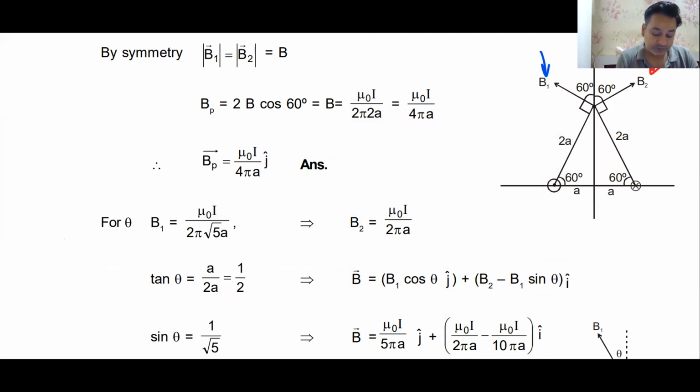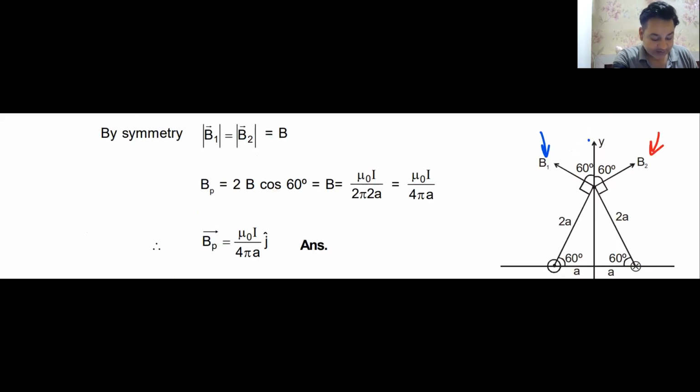So their vertical components will get added up and the horizontal components will get cancelled out. You can calculate it from here. Up till here only. You can calculate it.